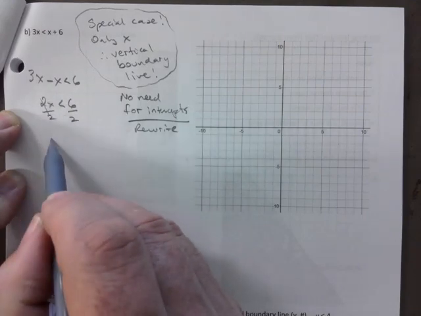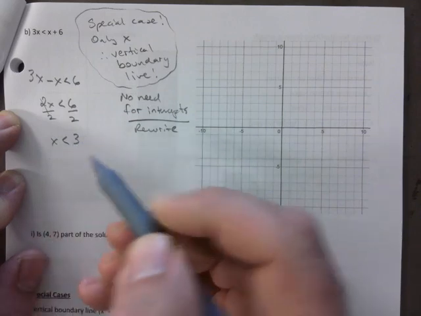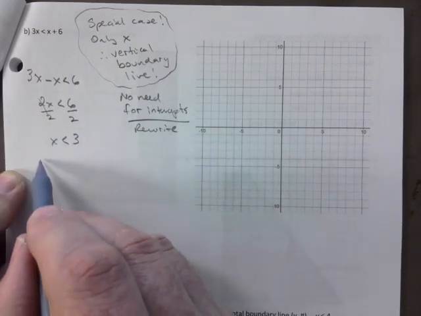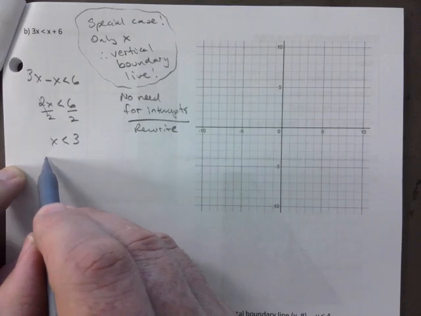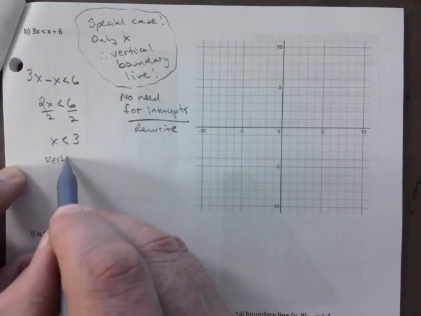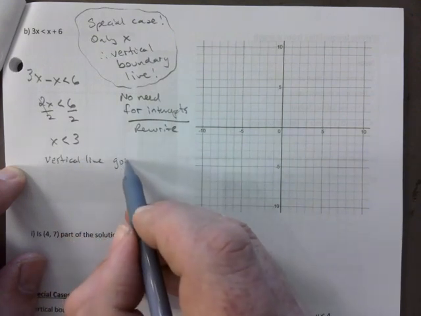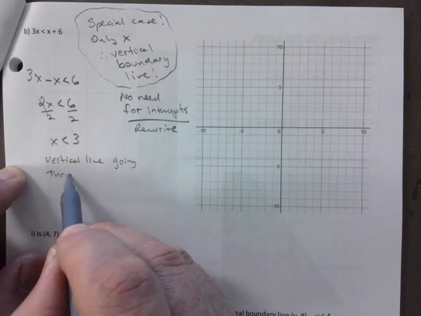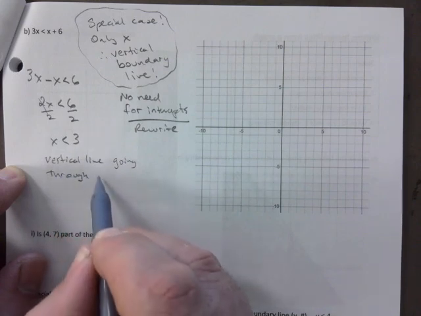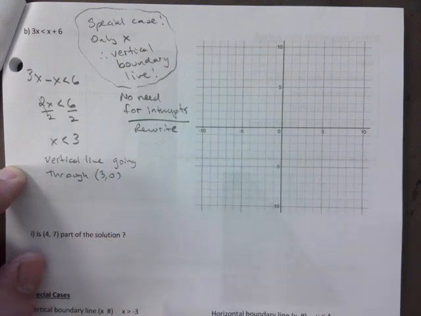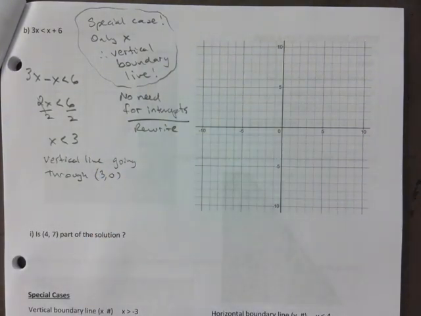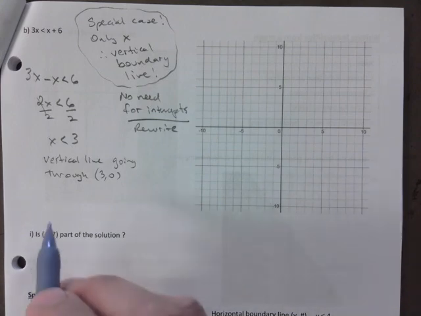So this would be x is less than 3. Okay. So vertical line going through (3, 0). It goes through (3, 0) on our x-axis, but it keeps on going up indefinitely.